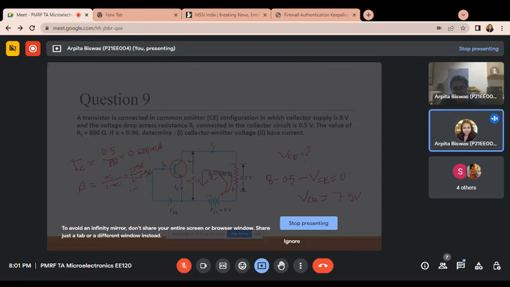So beta equal to 24. This is the current gain. So IC by IB equal to 24. Just put the value of IC and you can get IB equal to 26 microamps.